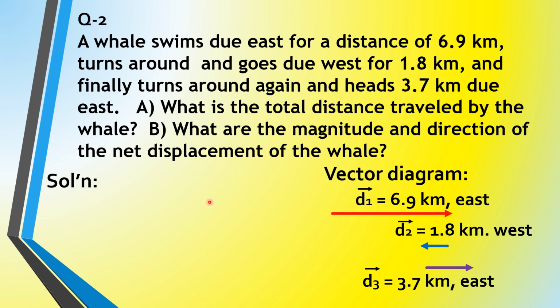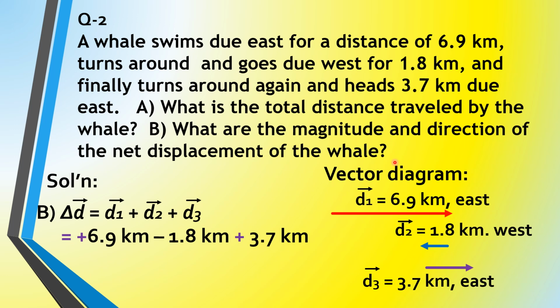Since we are asked to find the total displacement, use the formula d net, or total displacement, equal to displacement number 1 plus displacement number 2 plus displacement number 3. We follow the sign convention, positive for displacement that is directed to the right, and negative for displacement directed to the left.